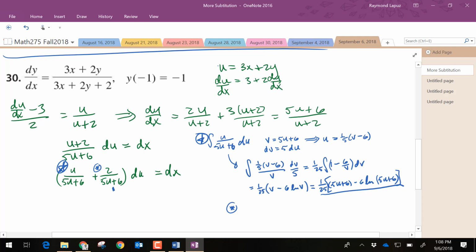But this one's easier, right? Yeah, it's just a u. So there's a 2 out here, and then there's a u substitution, which will give you a 1/5. And then this is the ln of 5u plus 6.